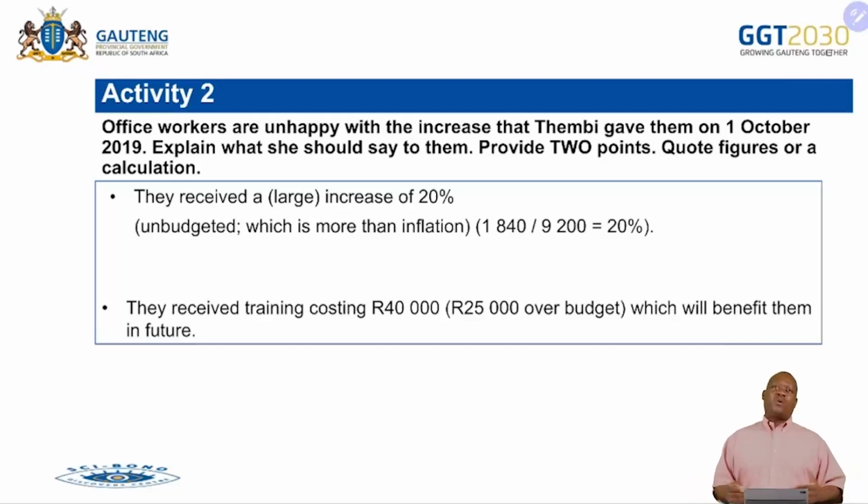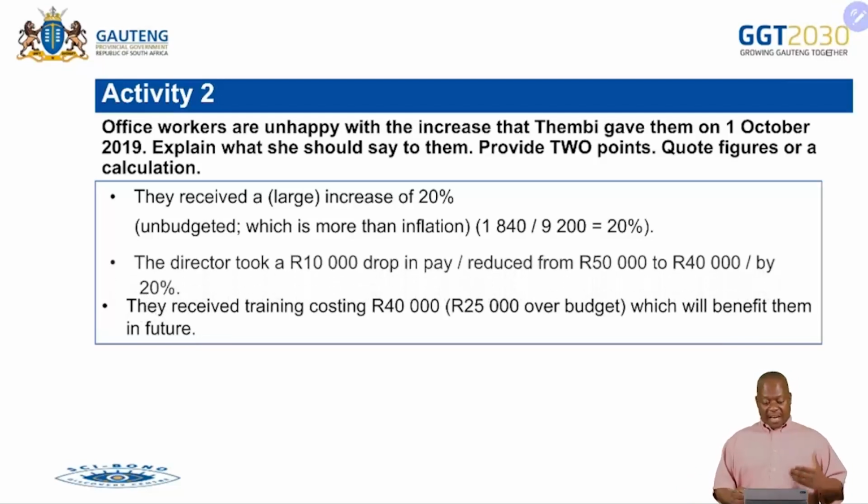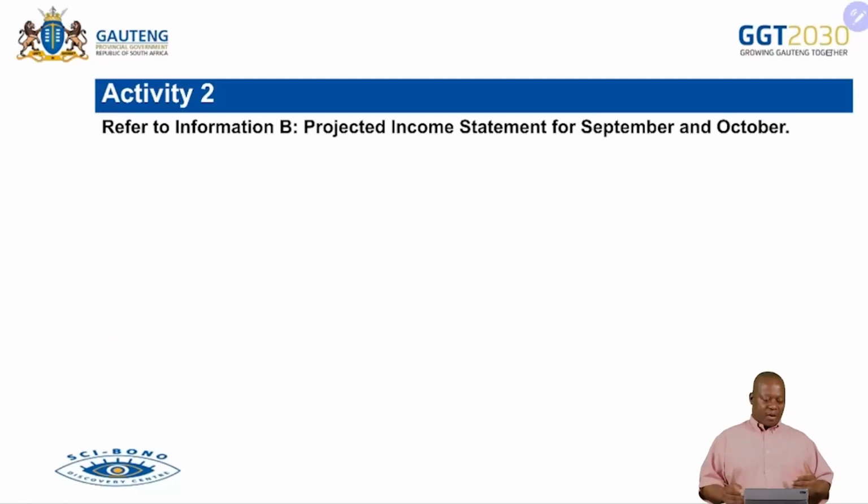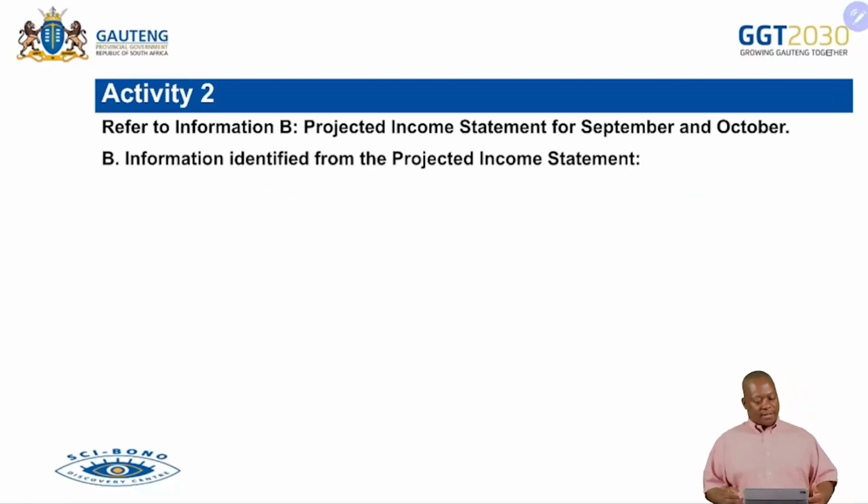So why are they complaining? And please take note also, the directors took a 10,000 drop in their pay. It means they got a salary cut. So if you got an increase when someone is getting a salary cut, you should be grateful. That's what we are going to be telling these guys.